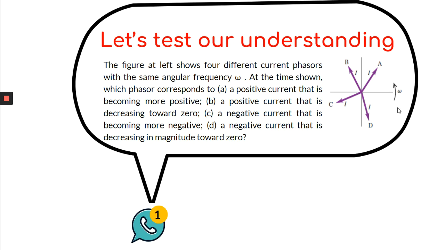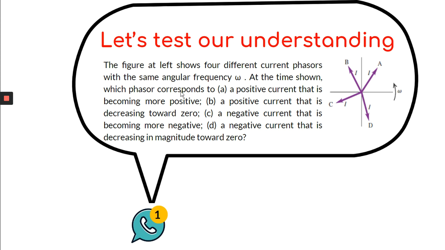This is a simple diagram showing 4 phasors, A, B, C, D, and some questions are asked. Here also the phasors rotate counterclockwise as the general definition with an angular velocity omega, and each phasor represents the magnitude I.